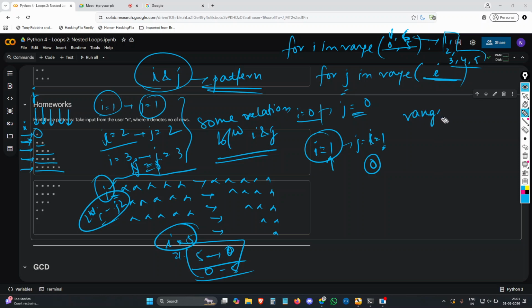We learned in the range function, if I'm giving range equal to 1, it will get the value 0. If it gets a value, that means whatever statement I give here will be executed. Now what statement do I want to run here? My important statement to run here is print star, right?